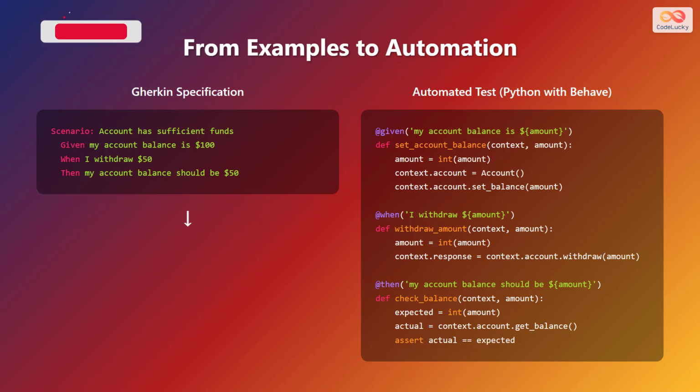Define withdraw amount context amount. Amount equals integer amount. Context response equals context account withdraw amount. Decorator then my account balance should be dollar amount. Define check balance context amount. Expected equals integer amount. Actual equals context account get balance. Assert actual equals expected.